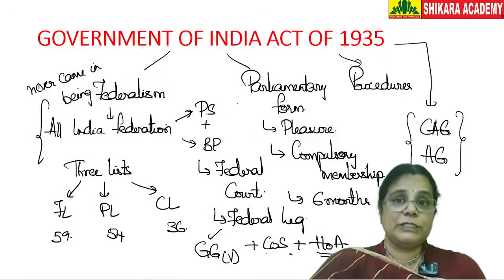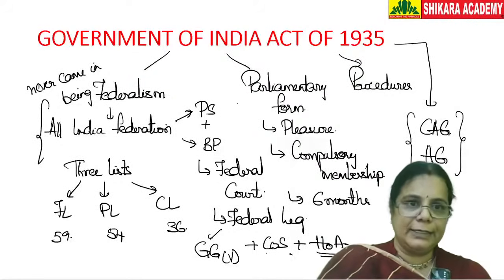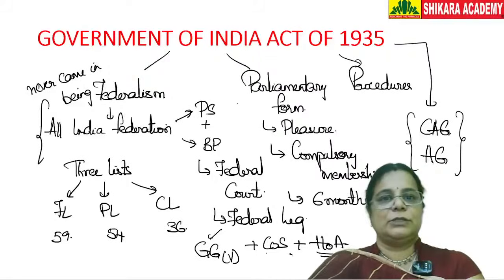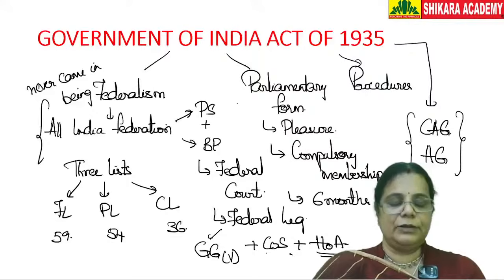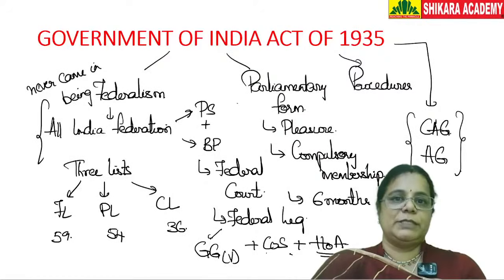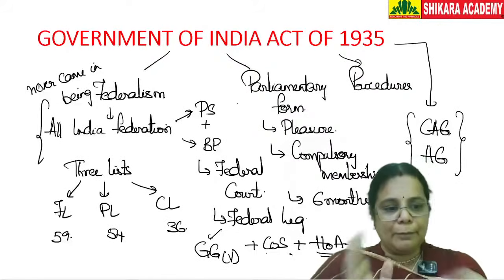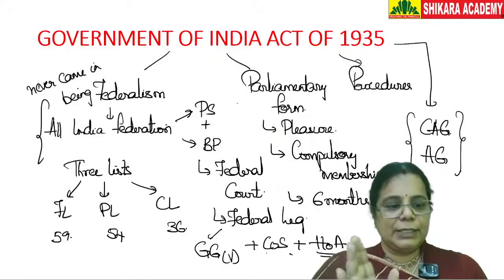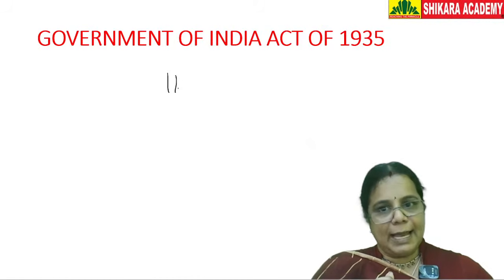There are several provisions that have been directly picked up. You look at the provisions related to Office of CAG in 1935 Act and the Constitution of India, 90% will be the same. Same applies to Attorney General. Same applies to parliamentary procedure. So a lot of things have been picked up from the Government of India Act 1935. After this, the last legislation that came into existence in India was the India Independence Act.